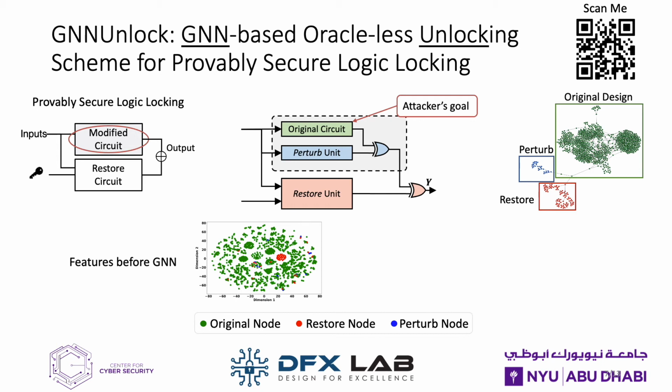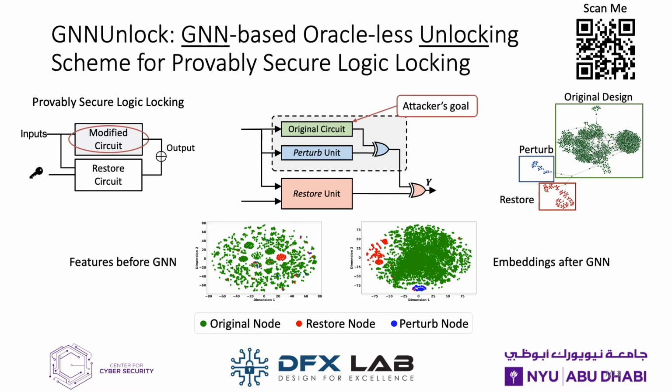So these are the features before feeding them to the GNN, and it is difficult to identify the perturb block. However, after we process the network using the GNN and we obtain the final embeddings, you will see now that we have clear clusters, and it is easy to actually identify the perturb and the restore blocks and figure out where the original circuit is located.